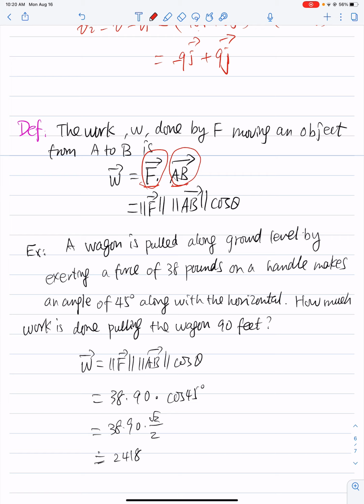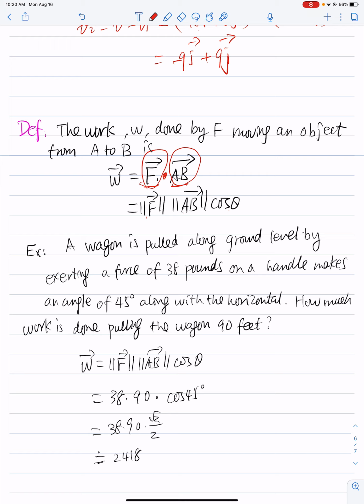You do not need to find so many things, you only need to know the direction. If you know the vector, it can be easily calculated. And the dot product of the two vectors is equal to the magnitude of F times the magnitude of AB times cosine theta, where theta is the angle in between.